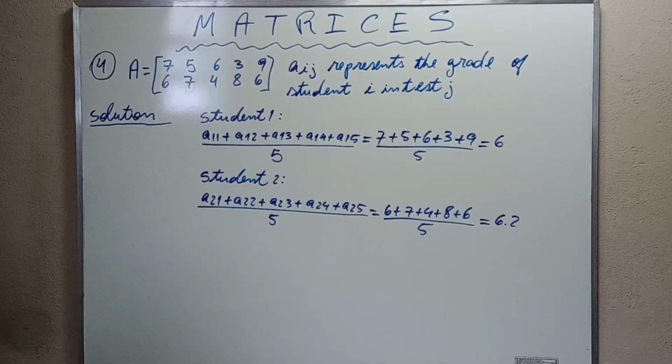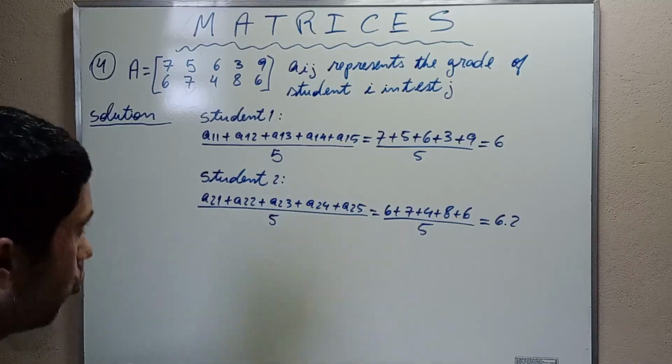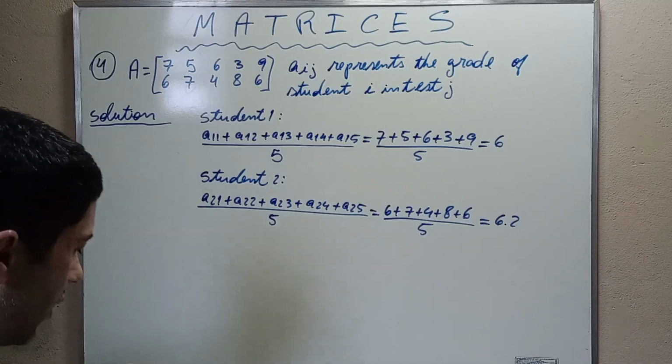What is the conclusion that we get? As the average grade of student 2 was 6.2 and the average grade of student 1 was 6, the average grade of student 2 was 0.2 higher than the grade of student 1.